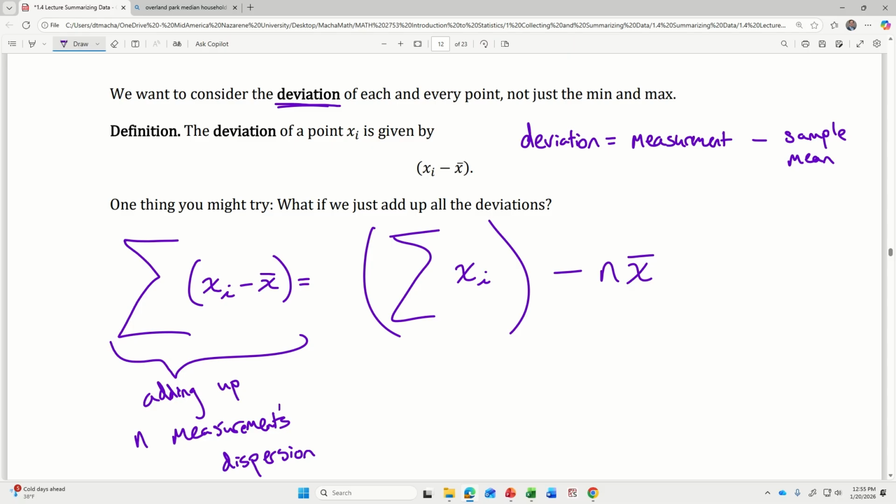Right? Because I was subtracting the sample mean n times in this sum, and this way I'm just taking away the parentheses and commuting all of those. So I have n copies of the sample mean I'm subtracting here.